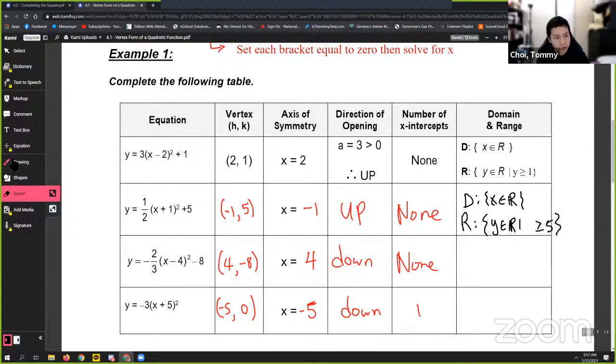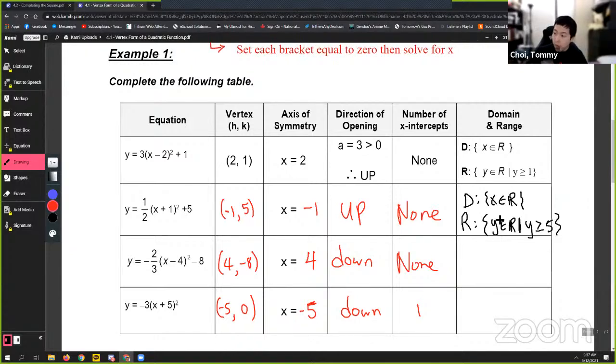So let me break it down here for people who are confused as to how Sydney got this. The domain is X ∈ R. What this means, X ∈ R in math means that X can be any real number. And a real number includes decimals, negatives, and positives, right? So it can be any number in between because it's a smooth curve and it hits all the numbers going infinitely to the left and infinitely to the right.